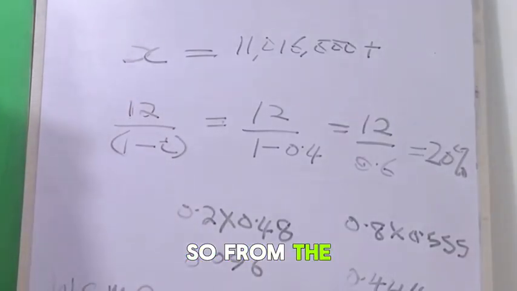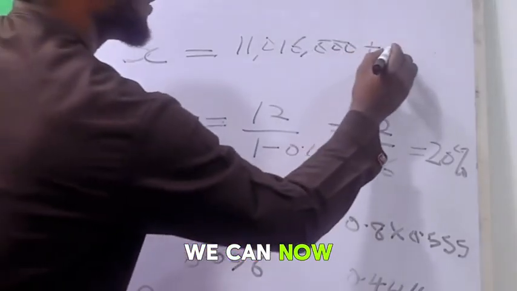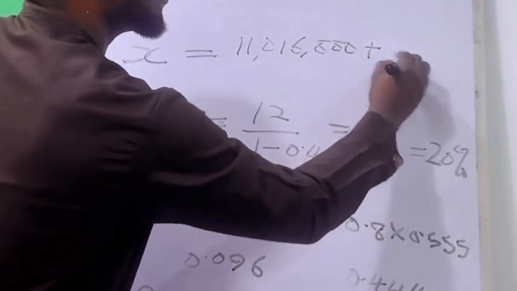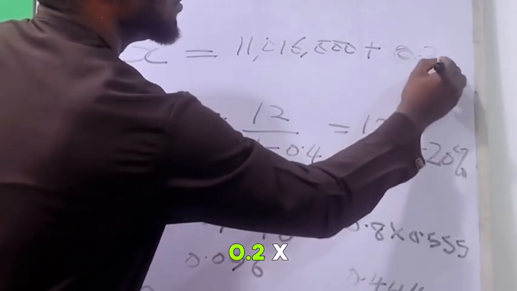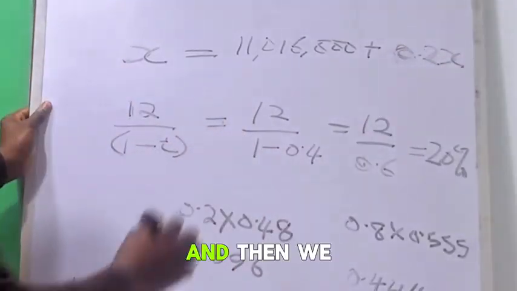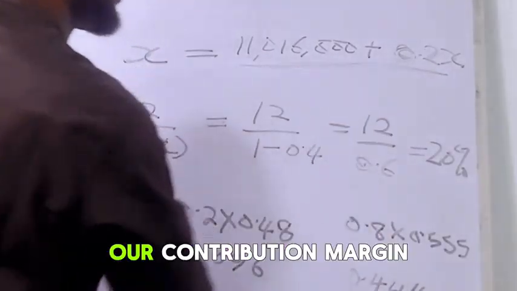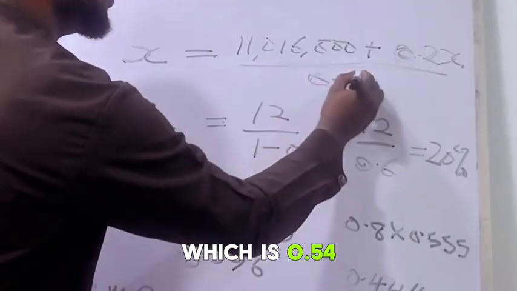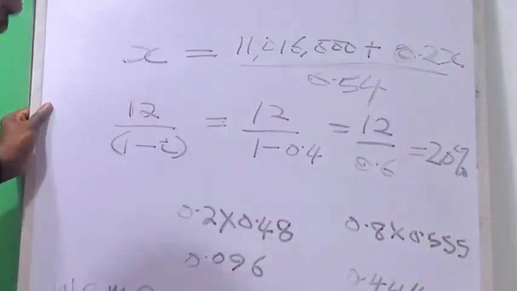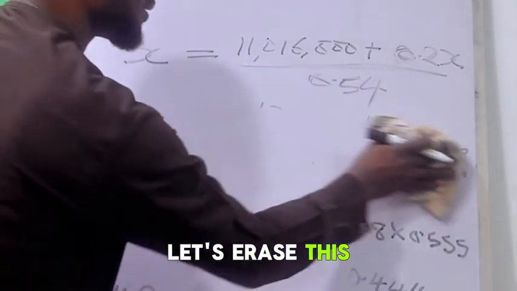So from the 20% we have, we can say this 20% is 0.2x. And then we'll divide this by our contribution margin ratio, which is 0.54.